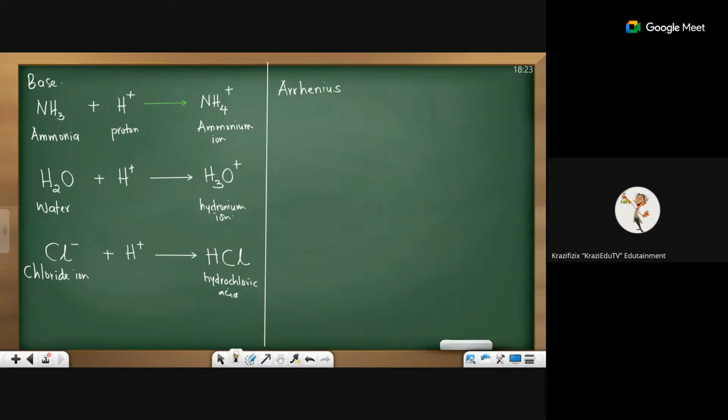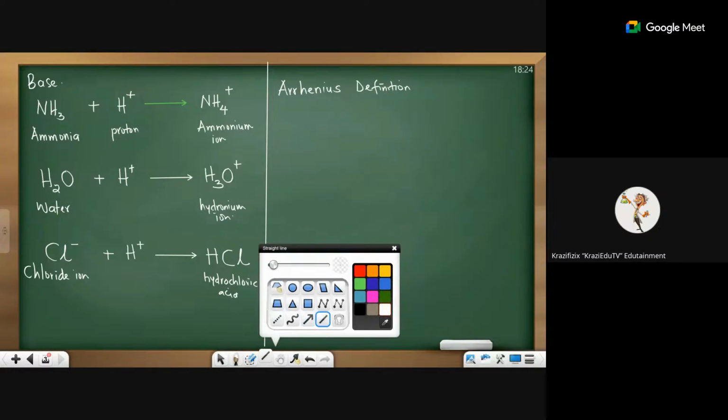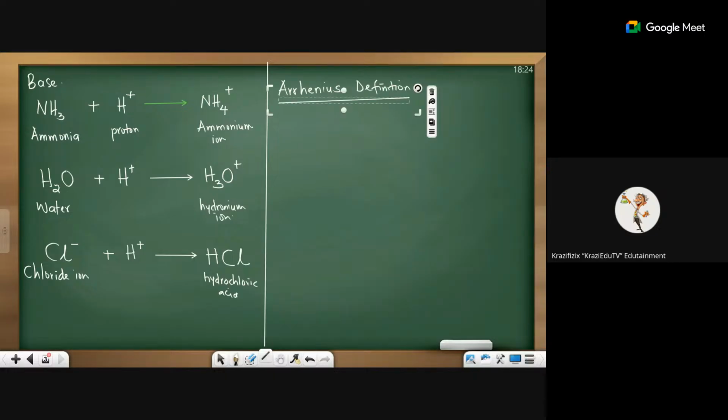Now, Arrhenius definition. Guys, it's all about definitions today, concepts. Please, once you miss this concept, you're going to miss acids and bases. There's little calculation, but so many concepts. An acid is a substance that produces hydronium ions.